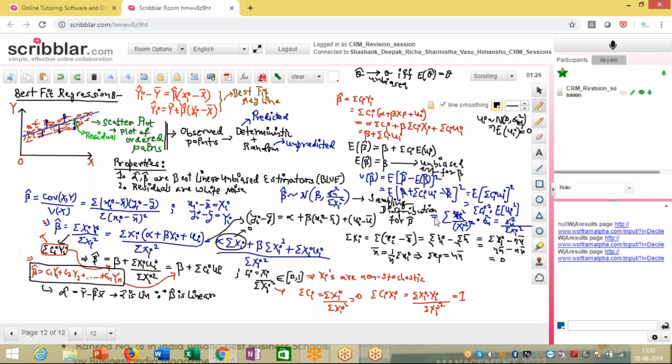Now if you take the square root of this variance of beta hat, the standard error of beta hat is nothing but the square root of the variance of beta hat.